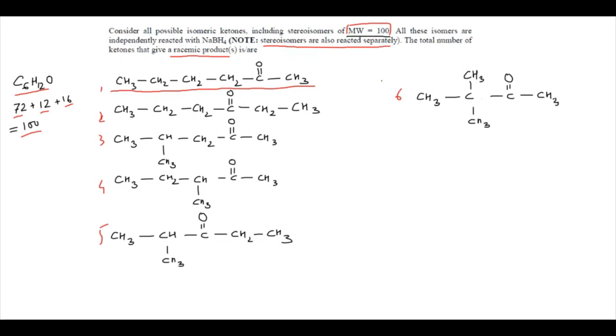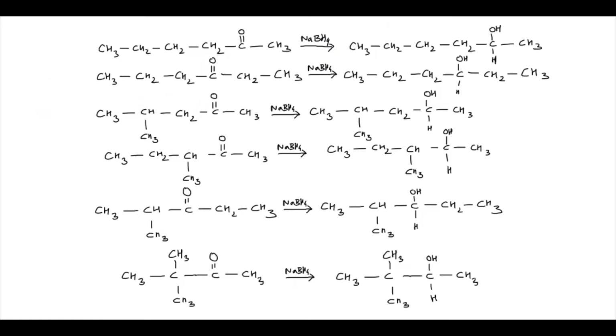Now we have to check which among these 6 ketones are going to give an optically active center and 2 enantiomers after reduction with sodium borohydride. So let me check one by one. If we take the first ketone, one chiral center is formed, and of course this is going to give a racemic product.